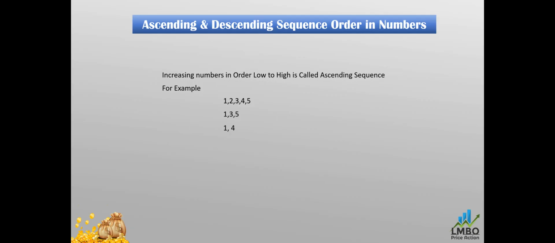These are numbers, but we will use them as candles. First one candle appears, then two candles, then three candles, four candles, and then we understand the momentum. If the numbers are decreasing from high to low, that is called a descending sequence. Let's understand it in candles.